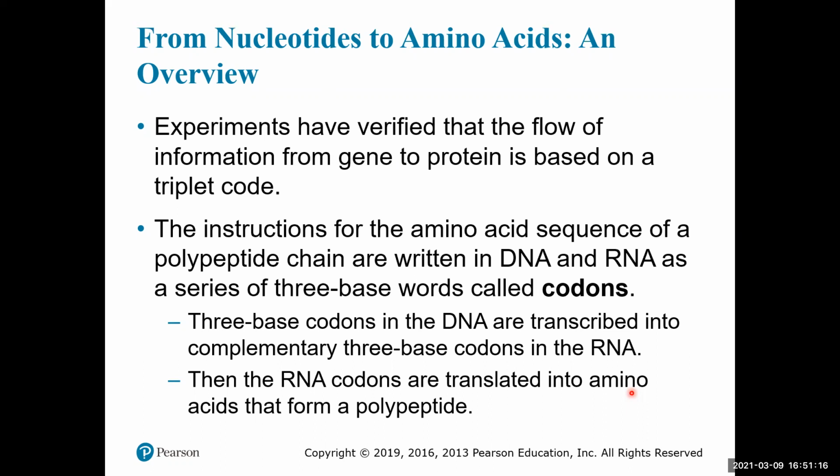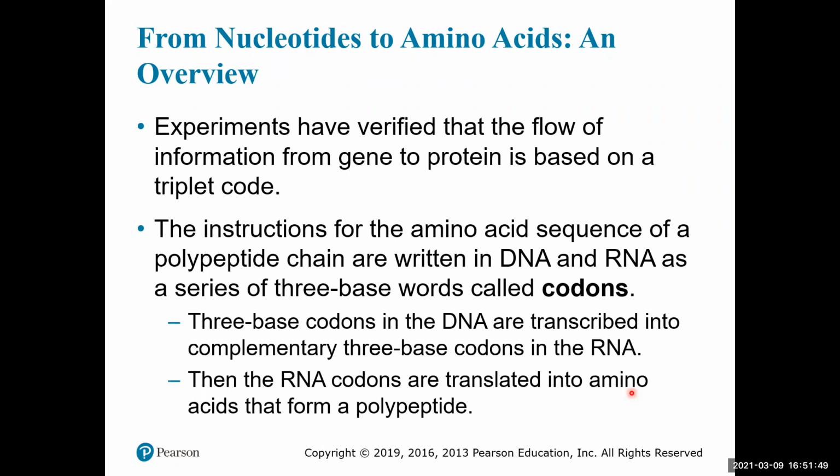So basically, every 3 base pairs in DNA makes up a codon. And then that 3 base codon in DNA will be transcribed into a complementary 3 base codon in RNA. Then you have that codon in RNA that will be translated into amino acids that make up a polypeptide.